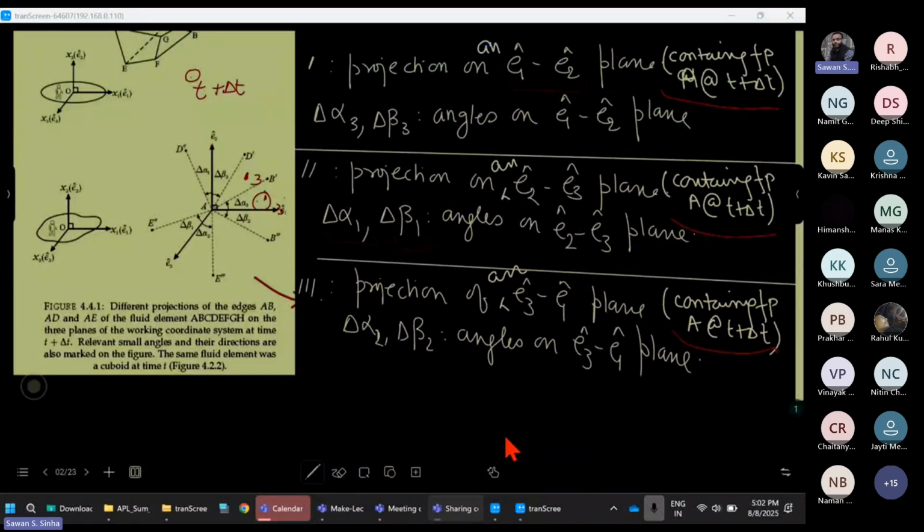I was talking about these projections on various planes.